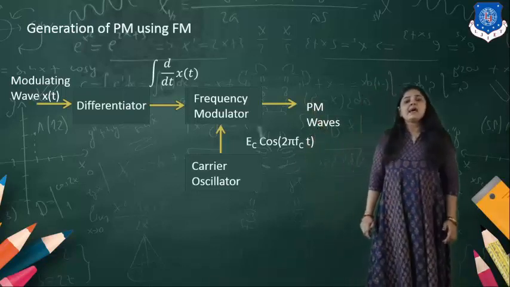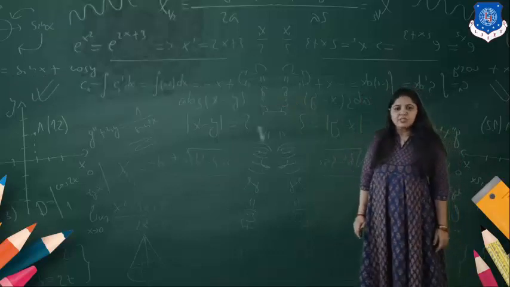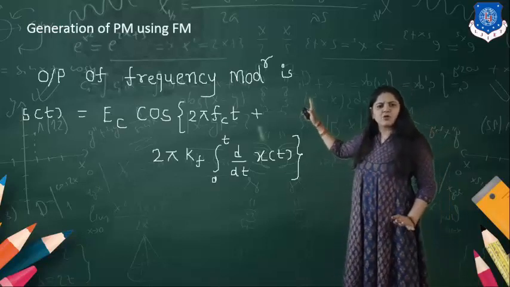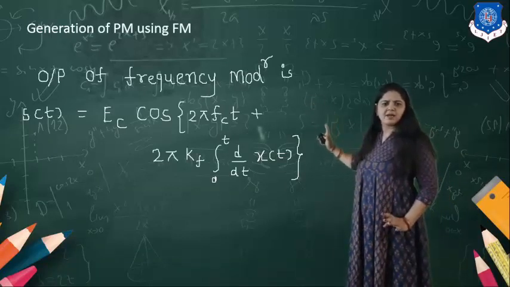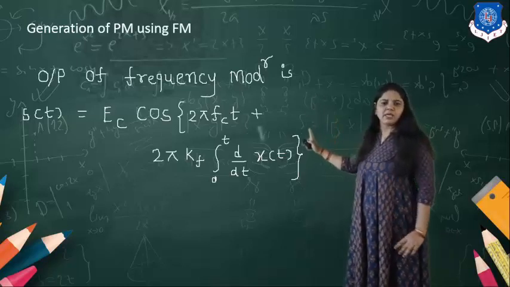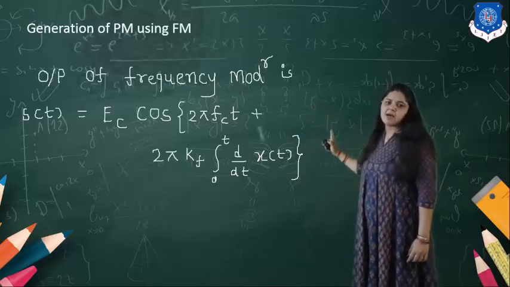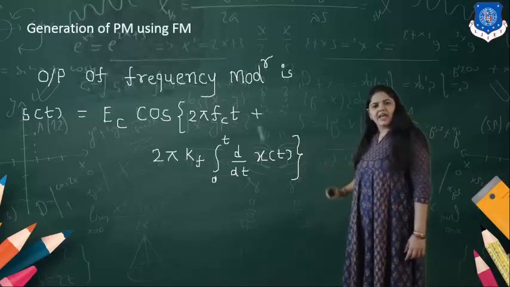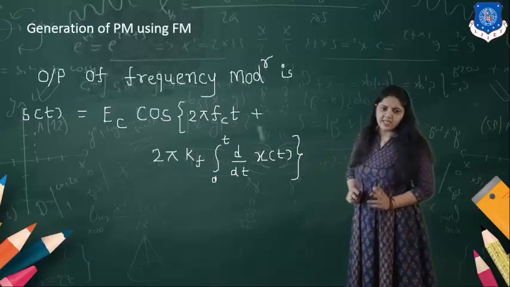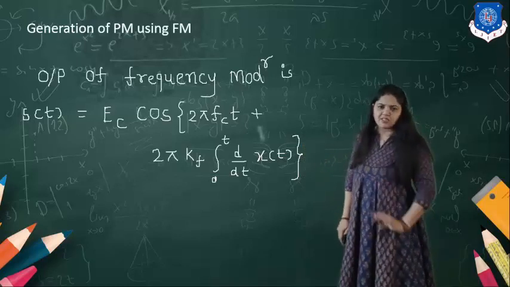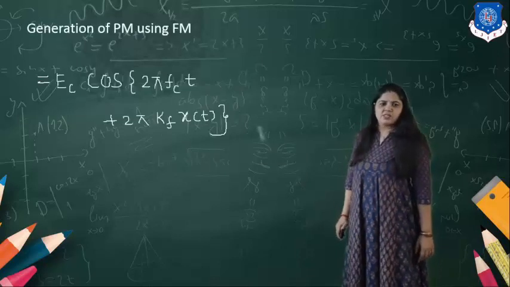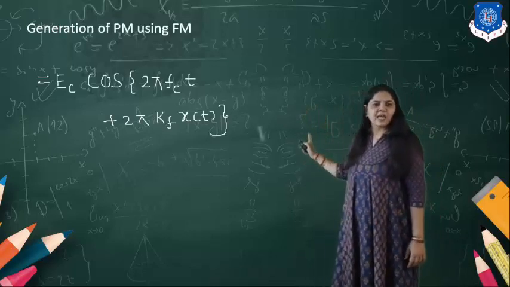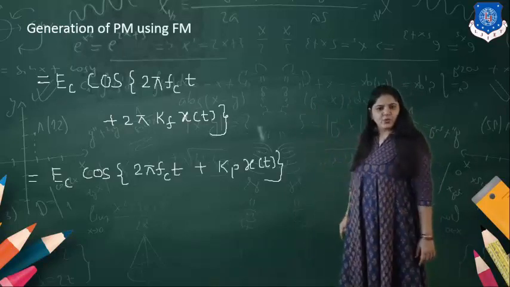So, for the indirect FM, there are two types of methods. Here, the output of the frequency modulator is s(t) = Ec cos(2π fc t + 2π Kf ∫ d/dt x(t) dt). The integration and d/dt will cancel, and only Kf into x(t) remains. So it is Ec cos(2π fc t + 2π Kf x(t)).